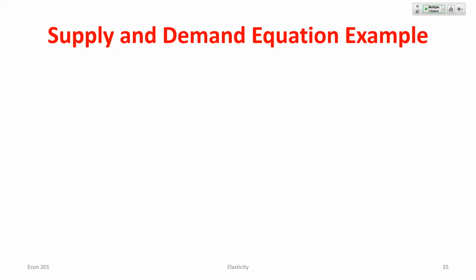I just go through and plot all these points until I have my entire supply curve. Does that make sense? If I'm just plugging different quantities into my supply curve, I can figure out the price that would be required to see that quantity supplied on the market.